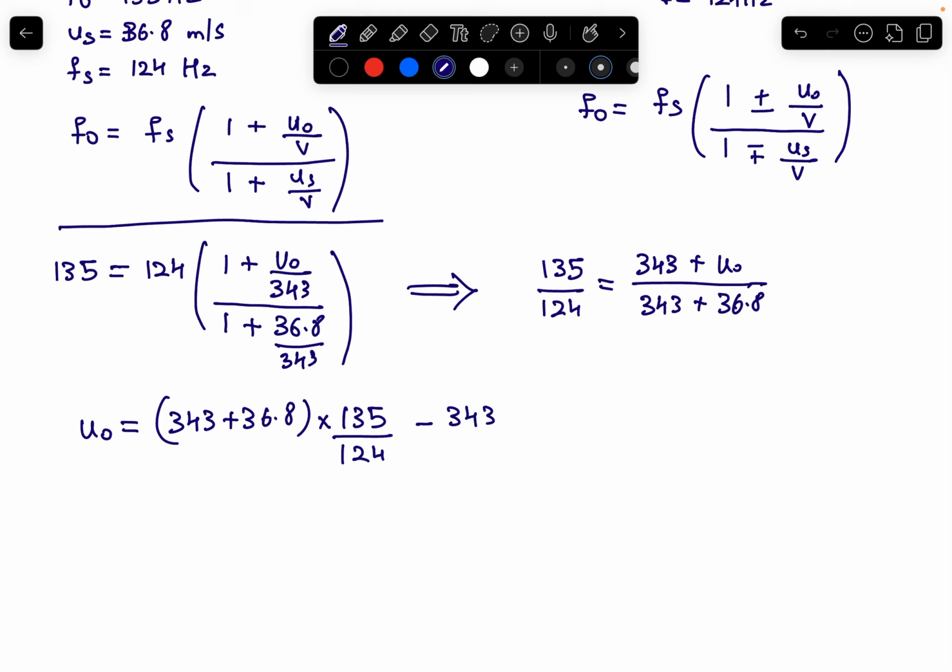So solving this equation, the value I get is 70.49.